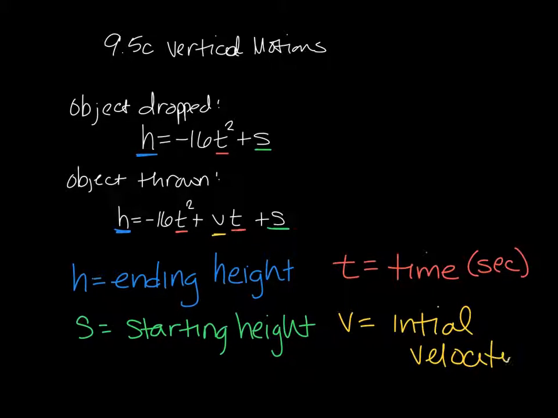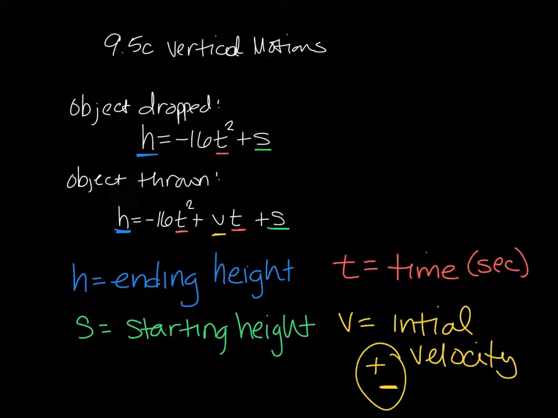So what did it start with? Was it given a throw, that kind of thing? If you're throwing something up, if it has initial velocity going up, it's going to be a positive number. But if it had initial velocity pushing it downwards, it's going to be a negative number. So you have to pay attention to that when you plug in your number.